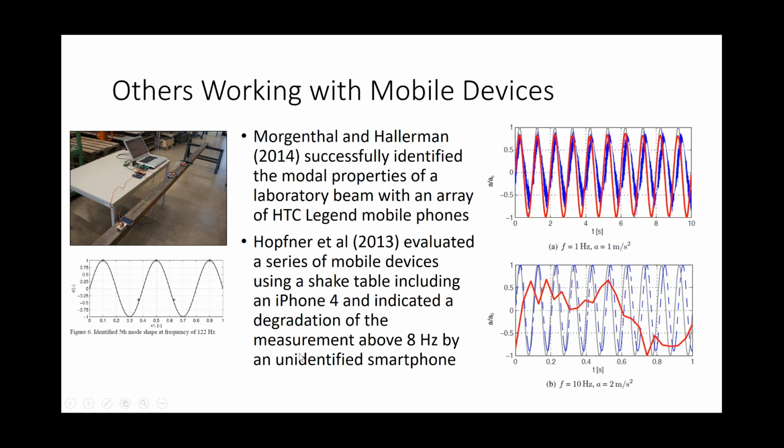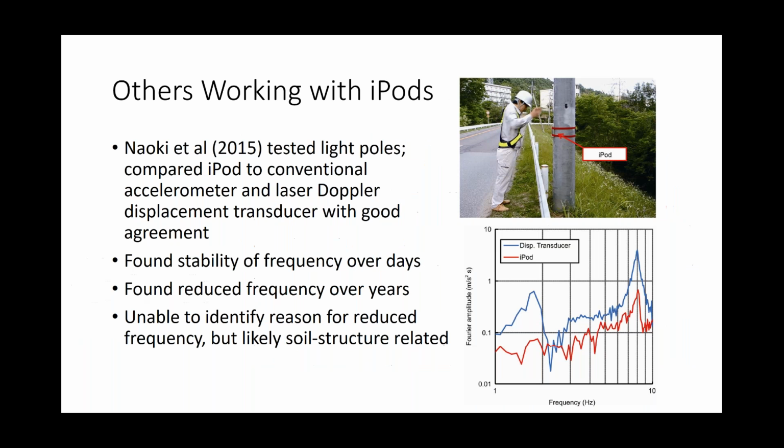They said they were working with an iPhone 4, but at least in this data, they didn't identify exactly which device they were using, and they did have a number of devices identified in that paper. Other folks working with iPods. A group in China is testing light poles by using an iPod attached to that pole, and then this fellow is striking the pole in order to oscillate the pole.